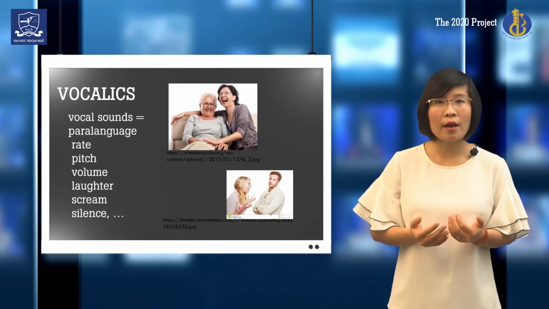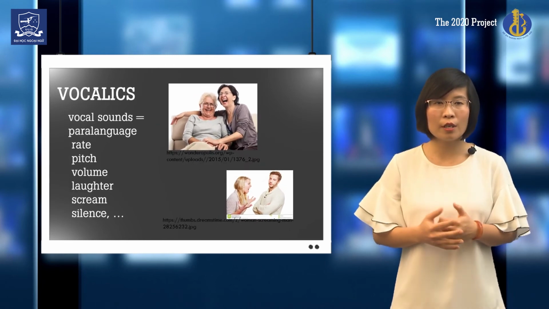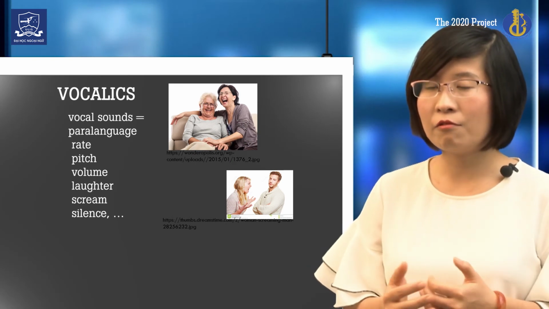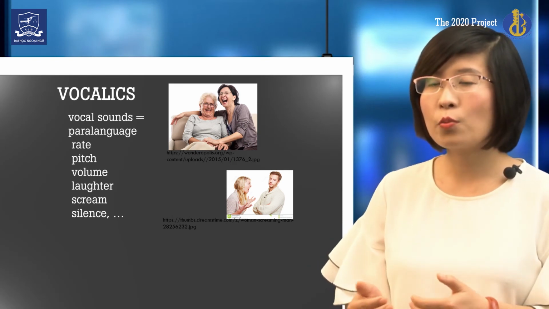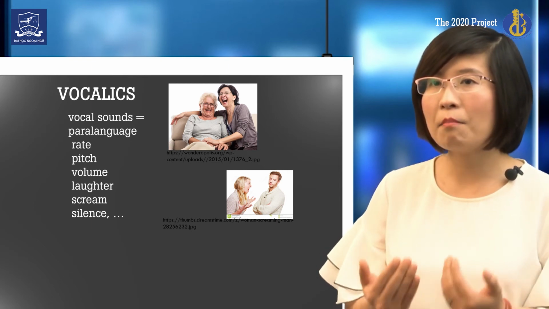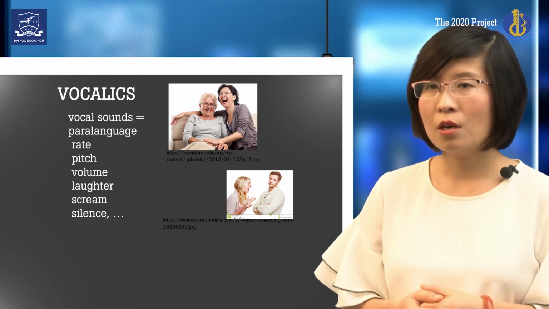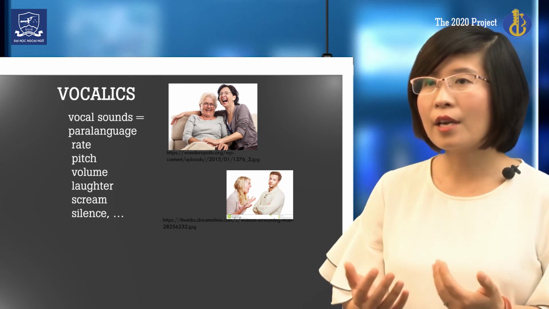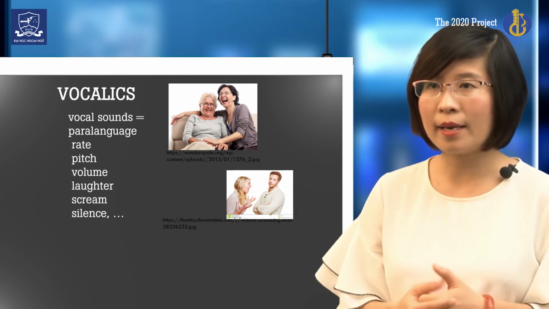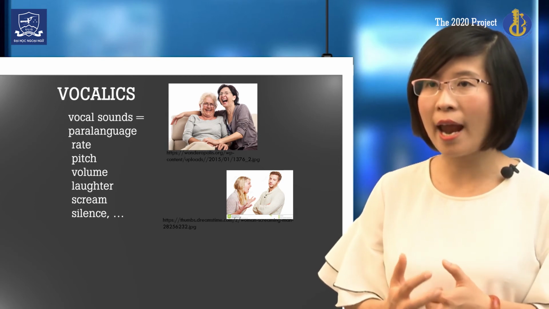Vocalics or paralanguage refers to how we use voices. Our voices can complement the verbal messages, the words we are using, or contradict them, and they convey much of the emotional meanings. For example, laughing loudly may show that you are very happy, while screaming may mean that you are very angry.